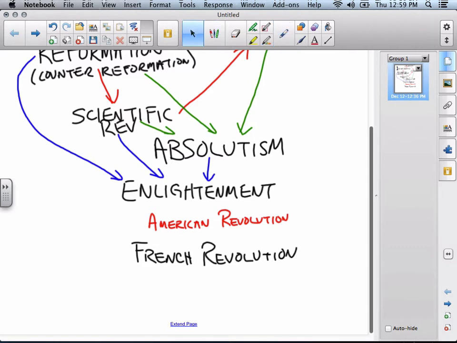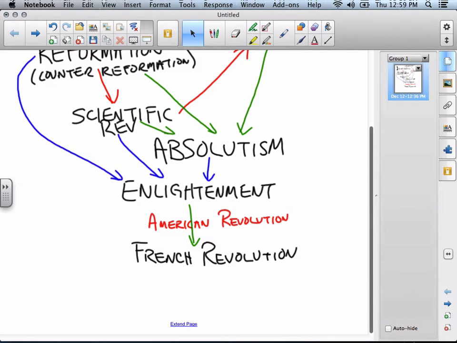Okay. And to refresh your memory, we earlier said that Louis XVI agreed to support the Americans in the American Revolution because he didn't believe in absolute monarchy? No, that's not why. Because he didn't believe in colonization? No, that's not why. Why would Louis XVI support the American colonists?